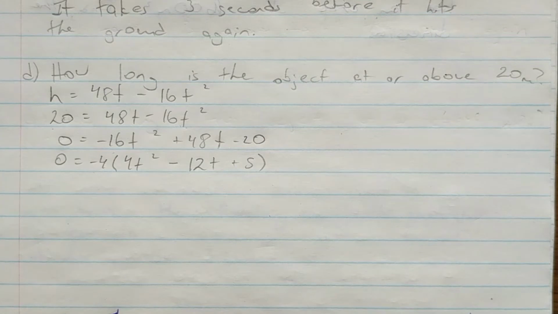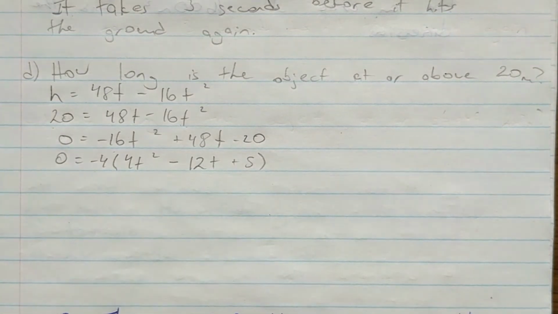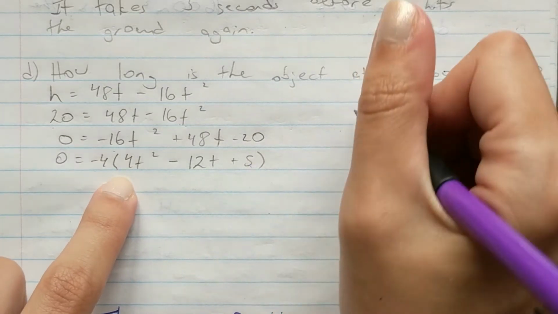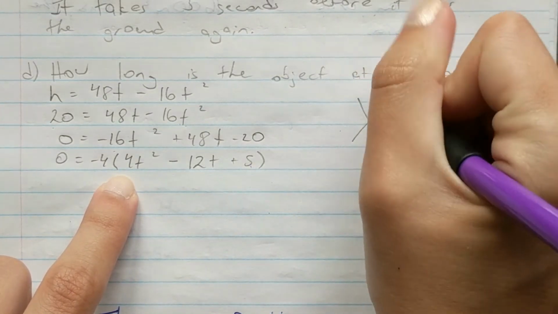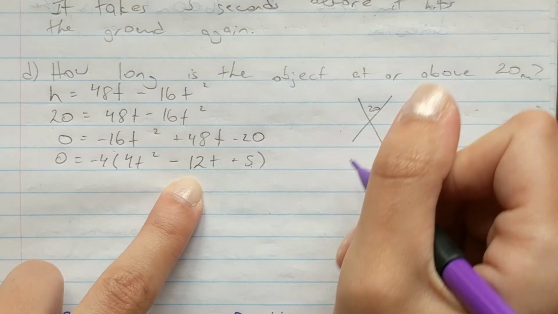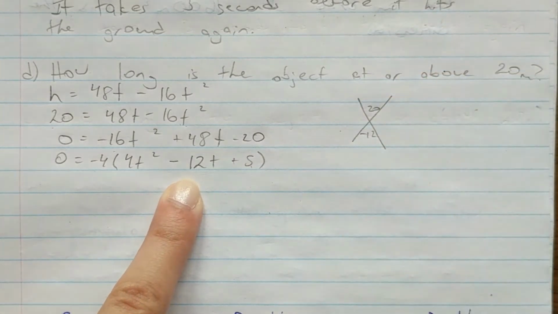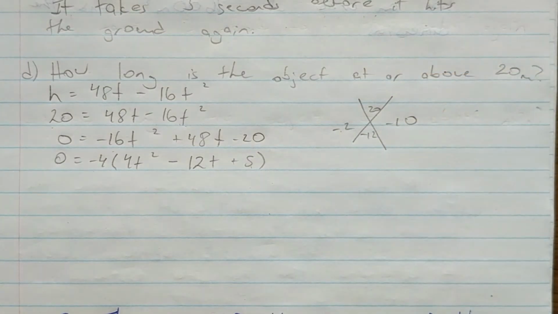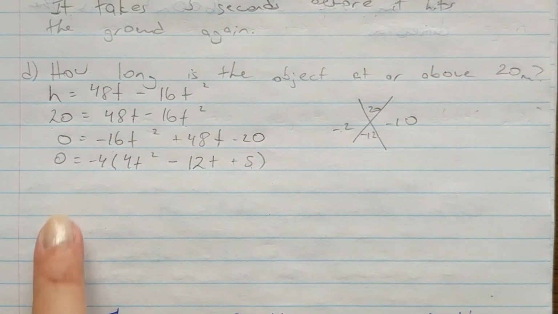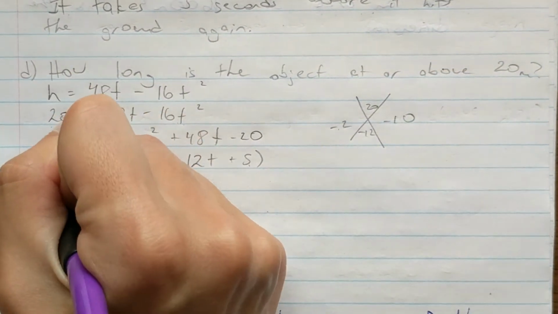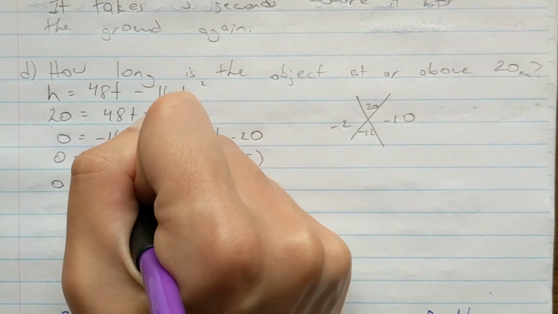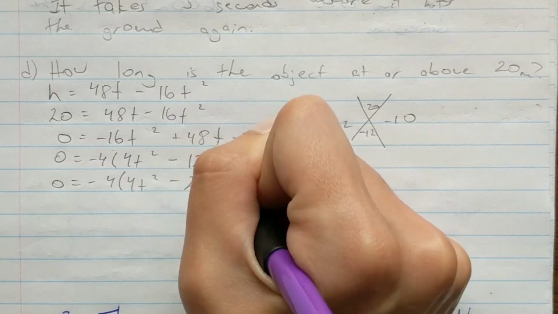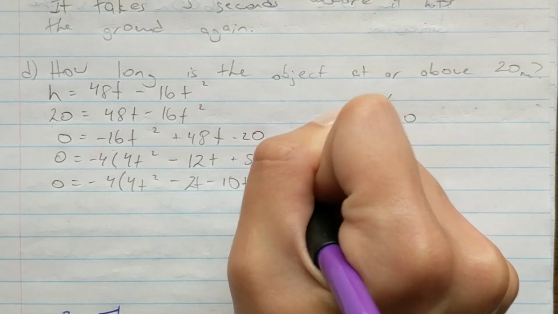In order to factor this here, I need to find 2 numbers that multiply to 20 and add to negative 12. That's going to be negative 2 and negative 10. So I'm going to factor this using decomposition, so it'll be 0 is negative 4 times 4t squared minus 2t minus 10t plus 5.